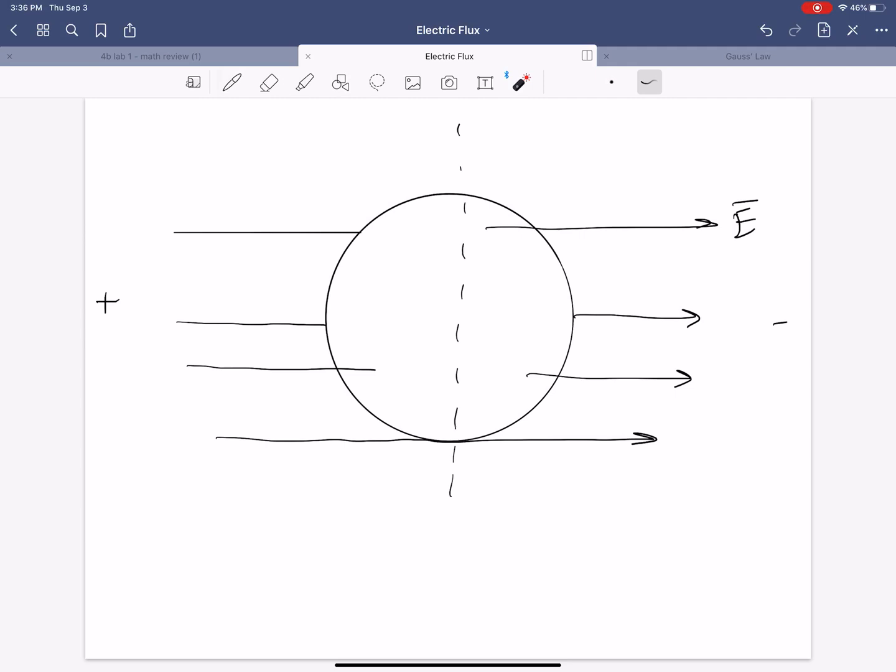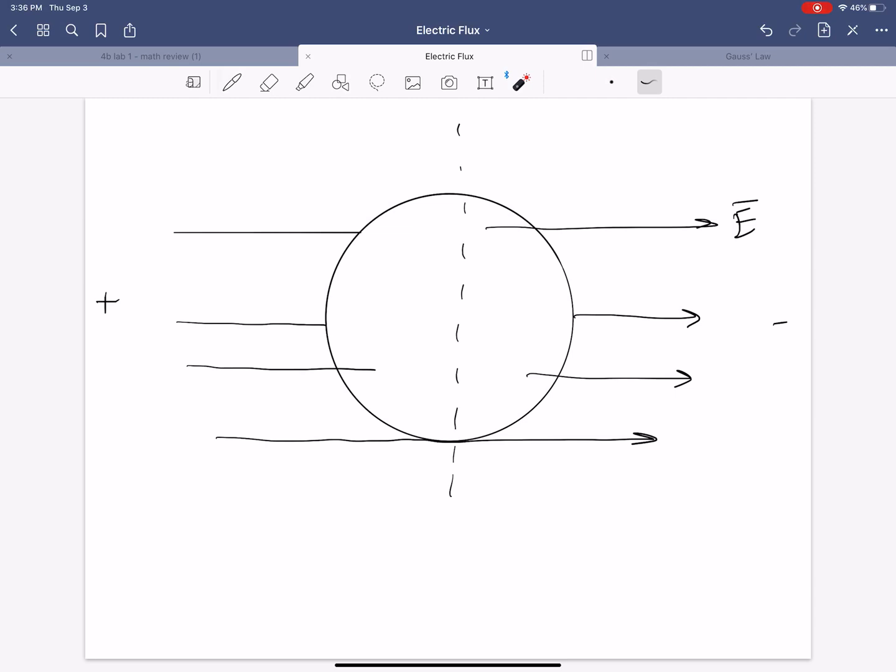That is the crux, the nature of what electric flux is, right? You can think of flux as how much of some substance, or how much stuff, is passing through an area. I know we have a volume here, but this volume has a surface area, and that's what we're worried about.